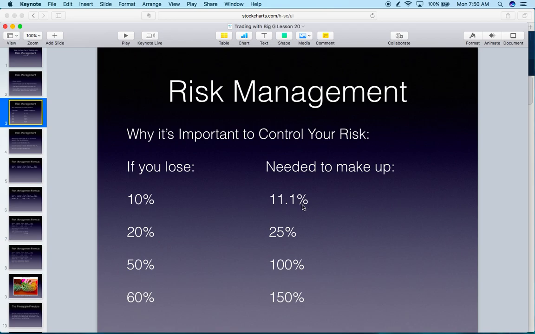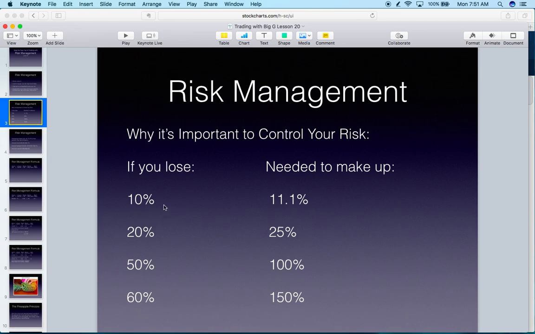Well, you need to make more than 10% on that $9,000 to get back to $10,000, because 10% of $9,000 is only $900. So if you're at $9,000 and you make 10%, you're at $9,900. So you need to make a little over 11% to get back to the $10,000.